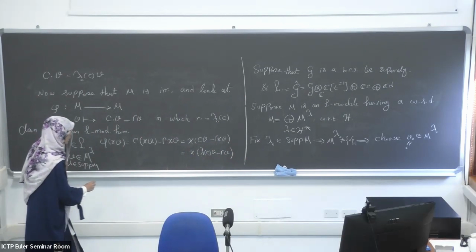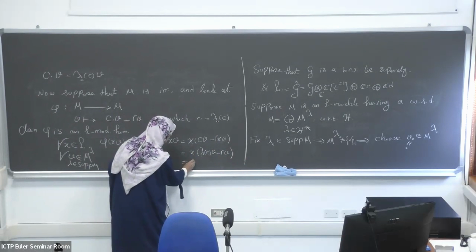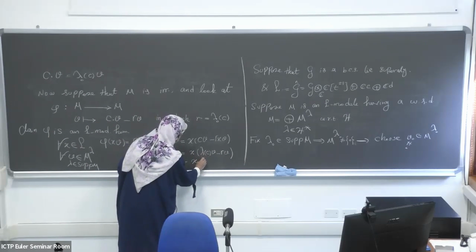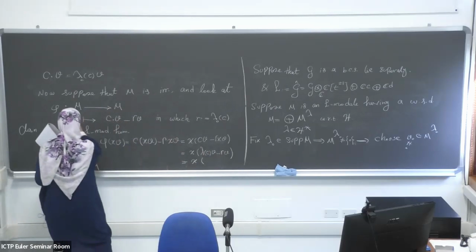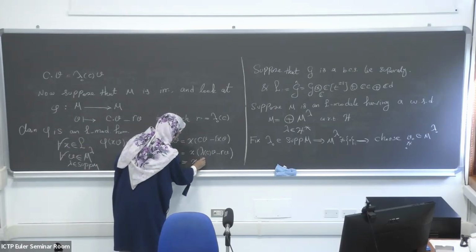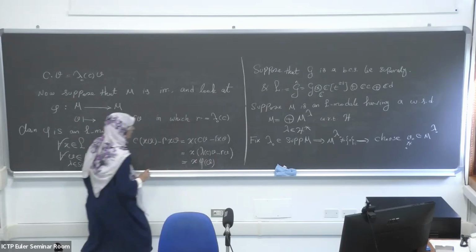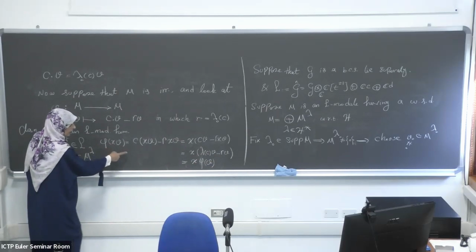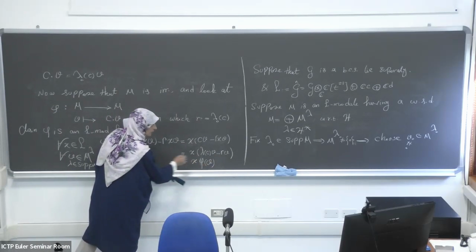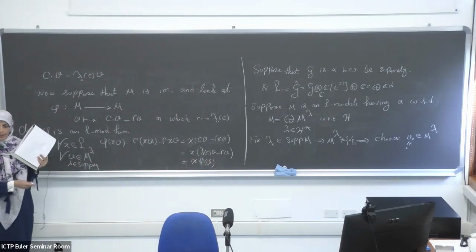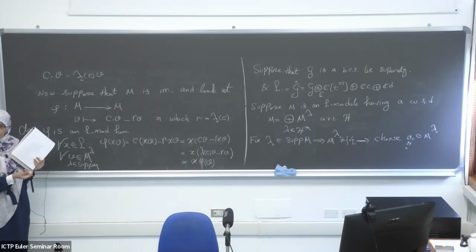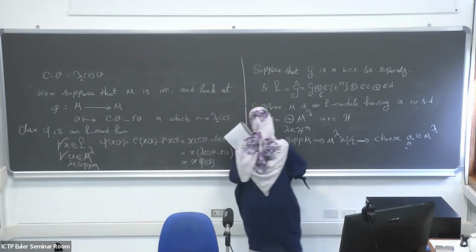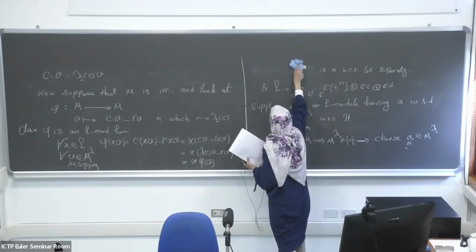Okay, and here we have x, it is CV minus RV, which is exactly phi of v. So we have phi xv equals x phi v, right? And it means that phi is a module homomorphism, right? And it is, of course, of degree 0.